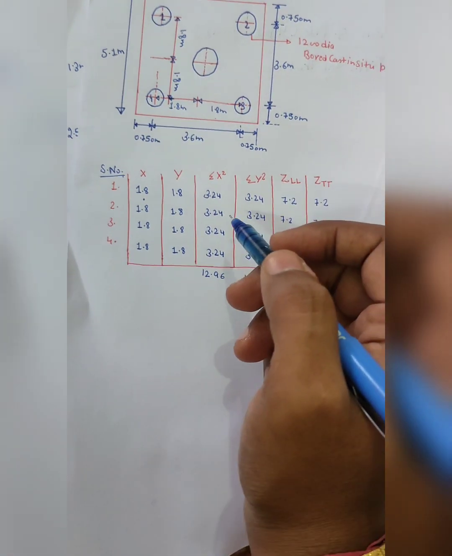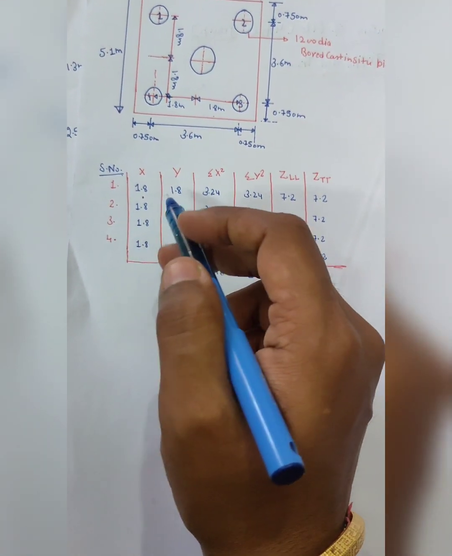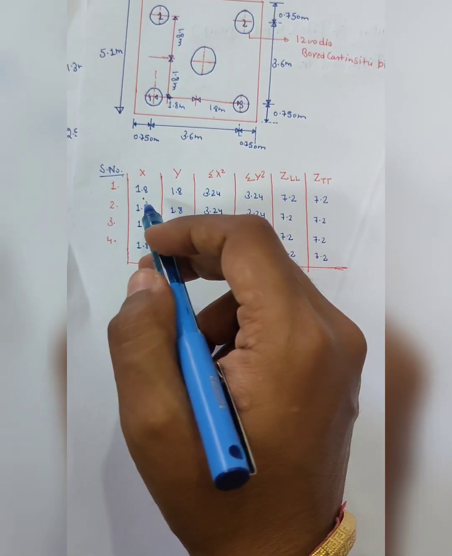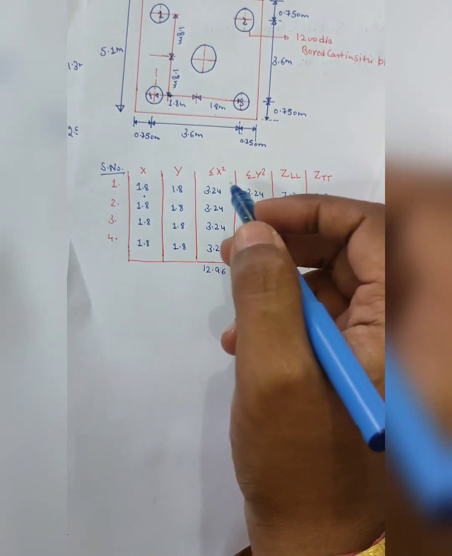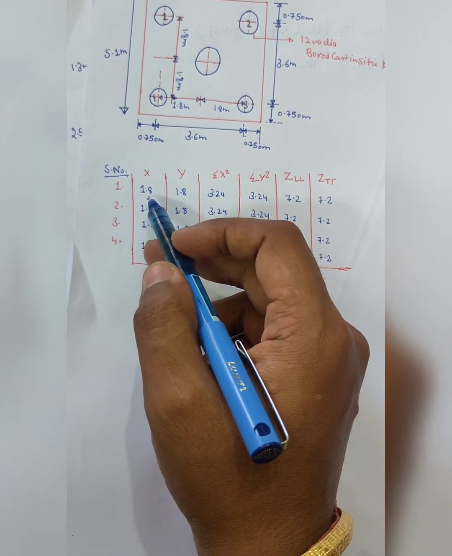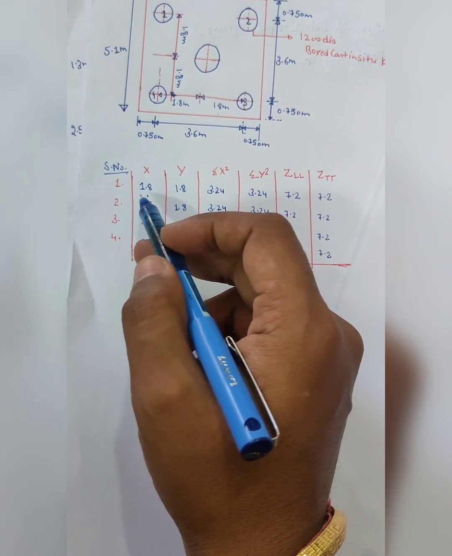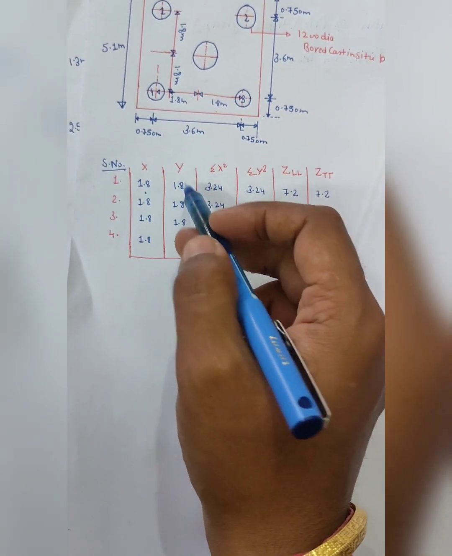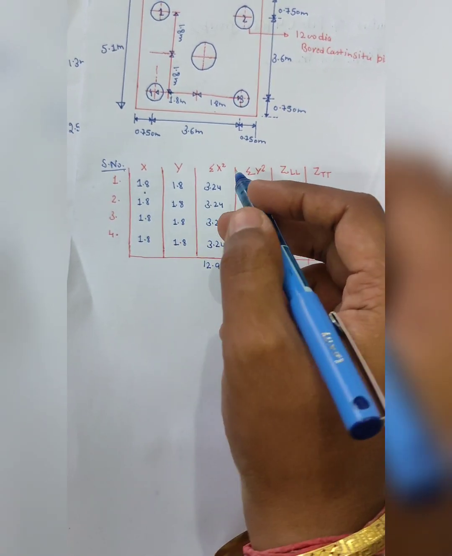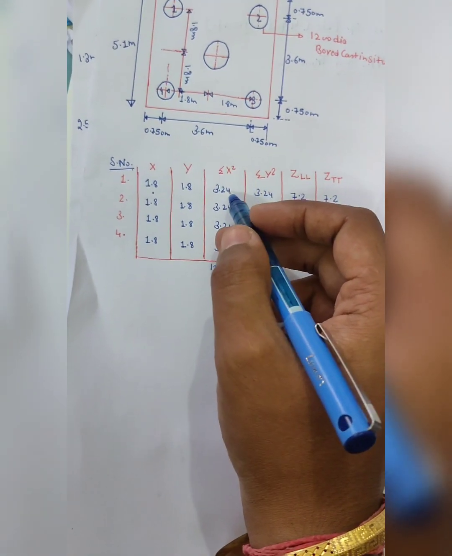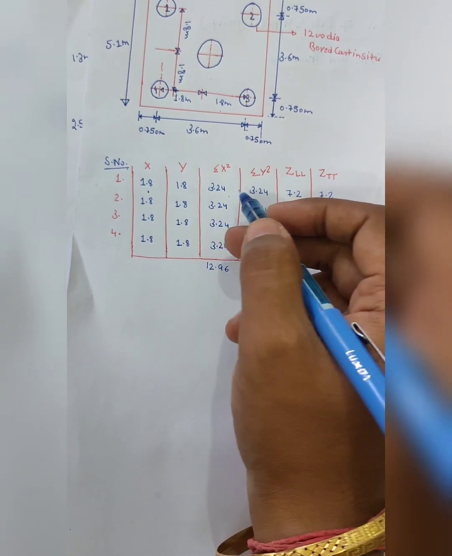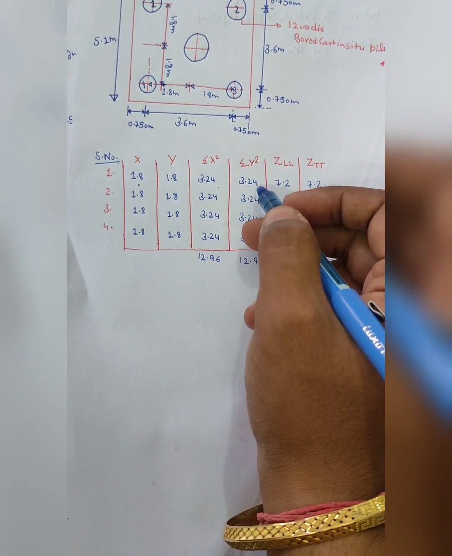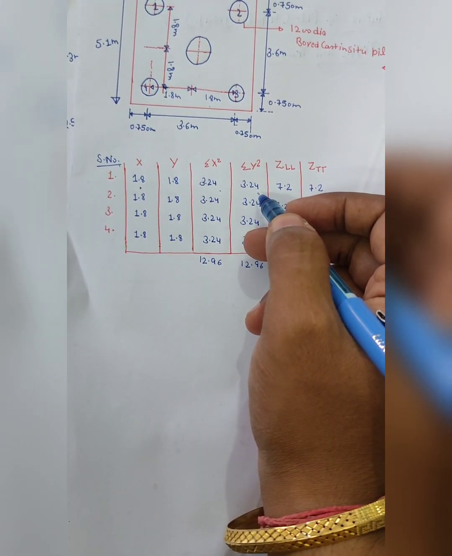After that we have to square the distance of each pile according to its x or y direction. For pile number 1, 1.8 is the distance in the x-axis direction and 1.8 in the y-axis direction. After squaring, it becomes 3.24, and the same in the y direction, 3.24.